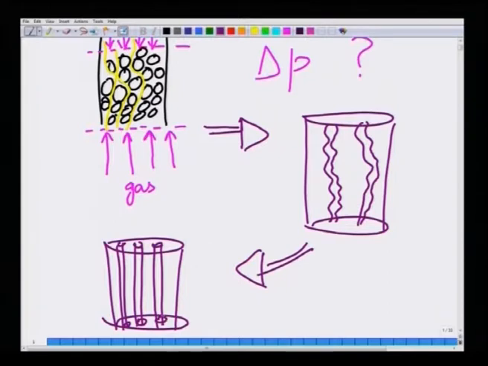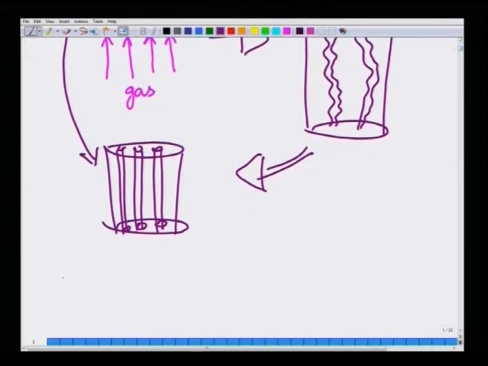But the key thing that we are going to match from the reality to the model is that the effective surface area, the surface area per unit volume, is the same in the model and reality.